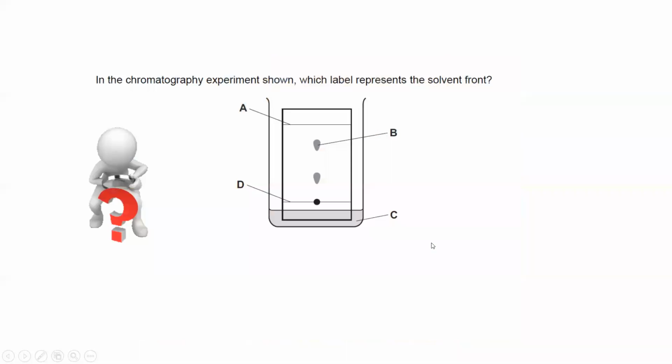Now, a question related to chromatography. In a chromatography experiment shown, which label represents the solvent front? A, B, C or D? Which of the labels is representing the solvent front? The last point where the solvent rises or reaches, that is known as the solvent front.